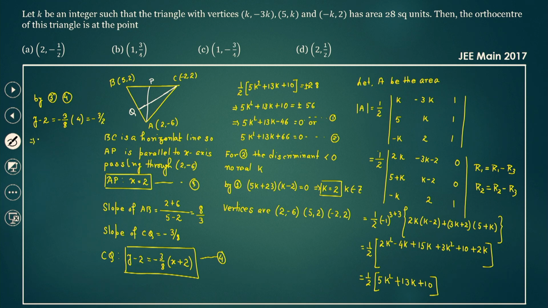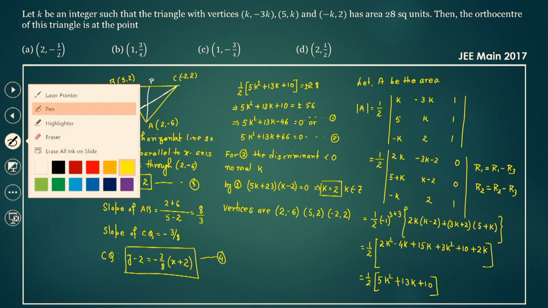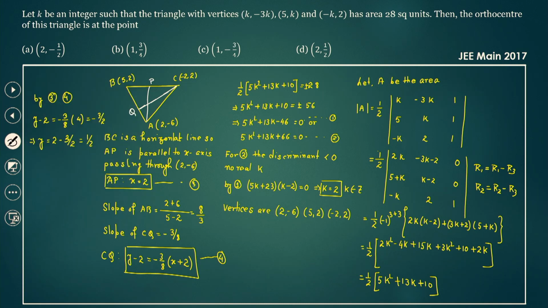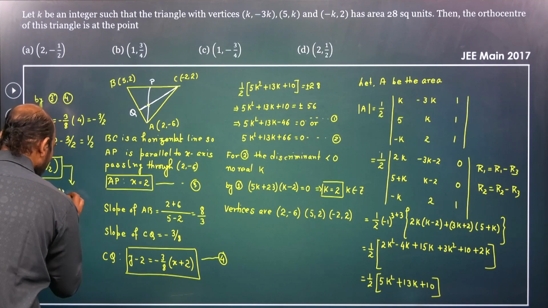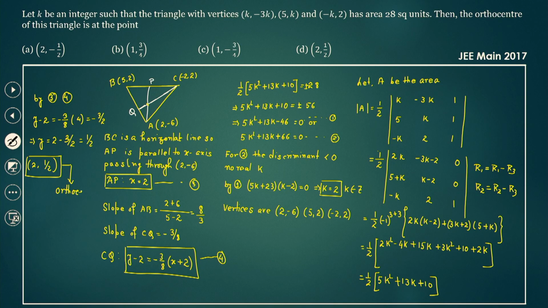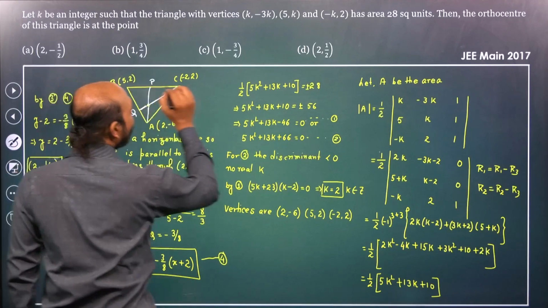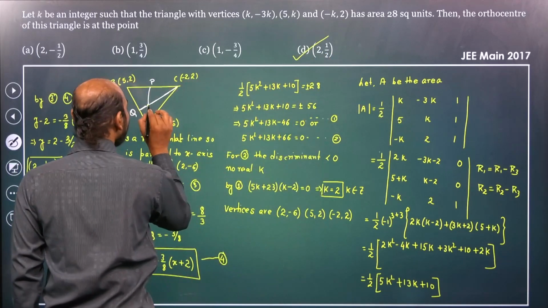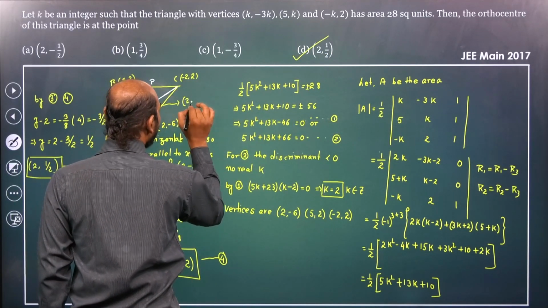So y is equal to 2 minus 3 by 2, which gives me a half. So this point of intersection is 2, 1 by 2, and that's known as the orthocenter. So the orthocenter is 2 and a half. That's why option D is the correct answer.